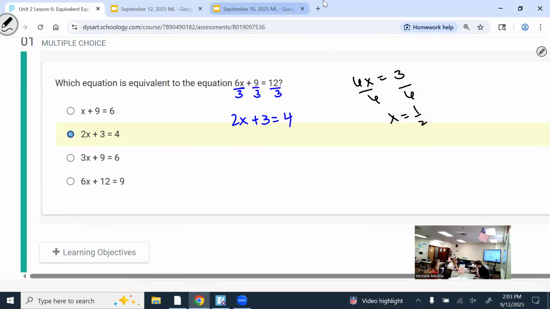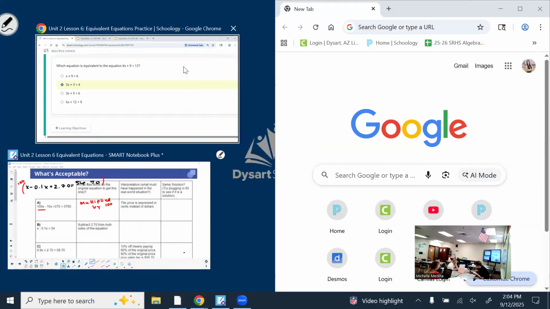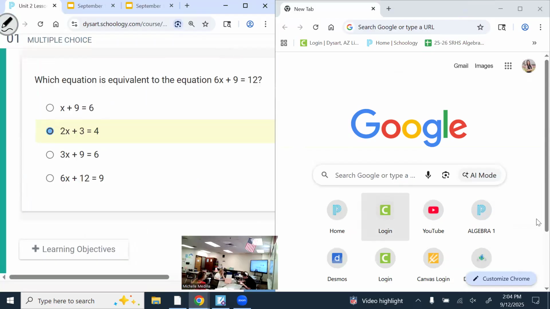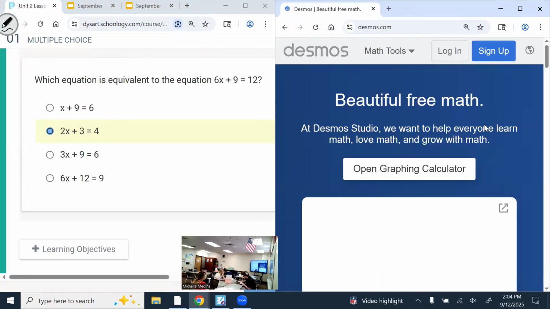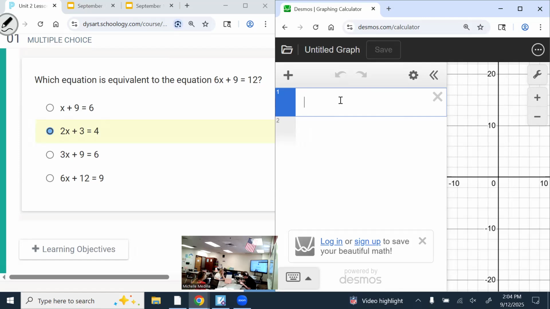The other way was to see if they had the same table of values, which we know, if we graph the table of values, they should be in the same spots. The other way that I didn't tell you guys today, because then you wouldn't have tried any of the other ways, is if I graph it and it makes the same line.